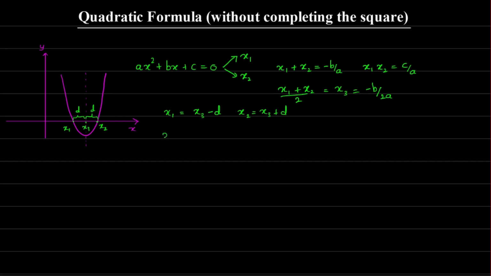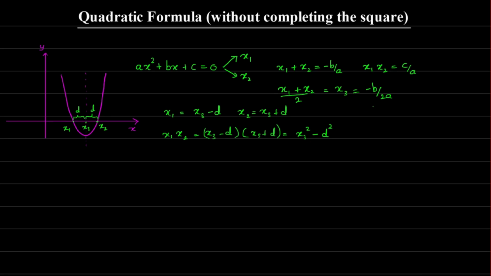Therefore, the product of these solutions, x1 x2, is equal to x3 minus d times x3 plus d, which can be simplified into x3 squared minus d squared.